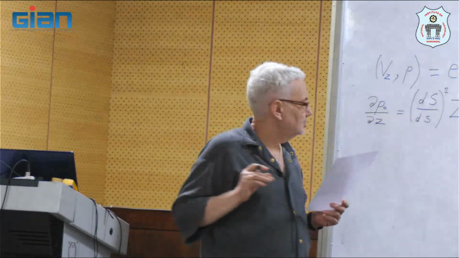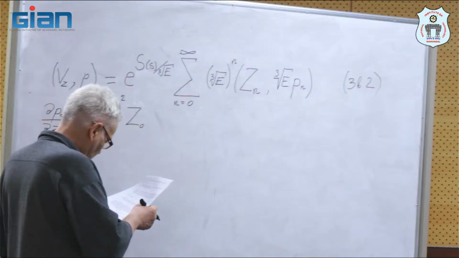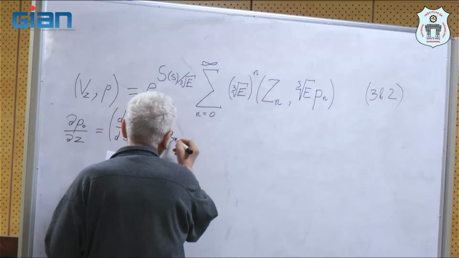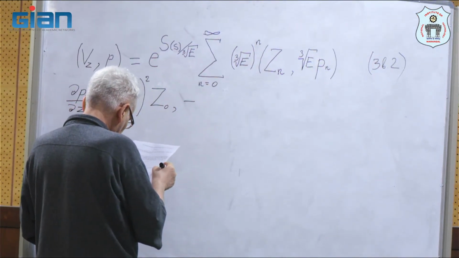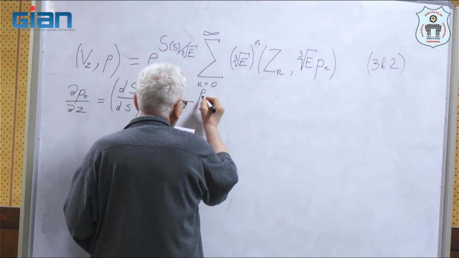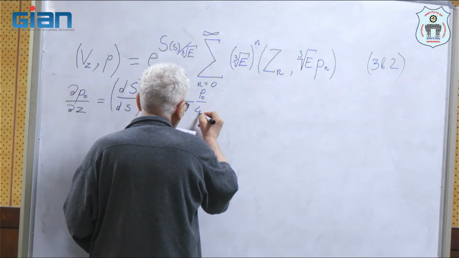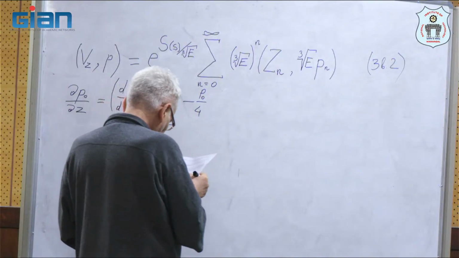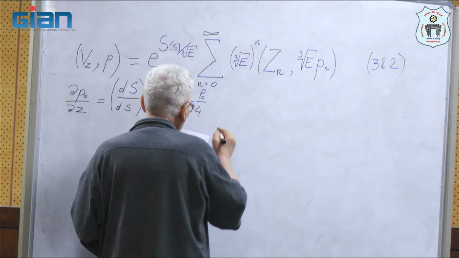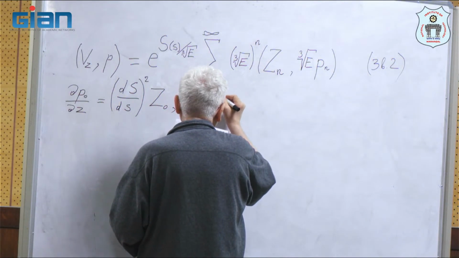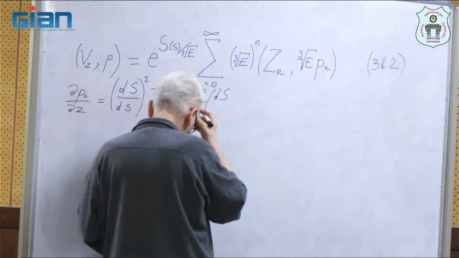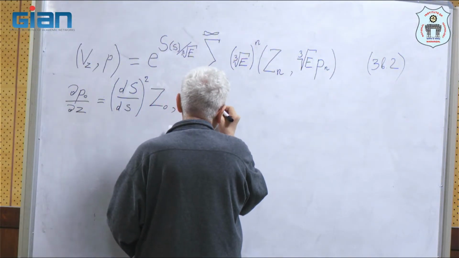Let's write down the second equation. And this second equation looks like P0 over 4, and here there is a fourth power.